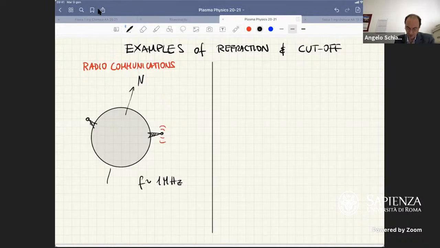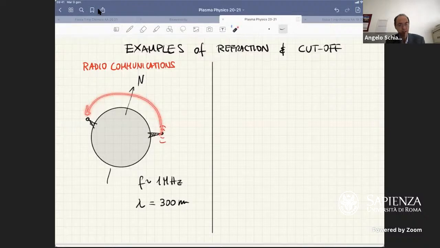And if you work out the wavelength of this radio frequency, it is about 300 meters. Okay, so very long wave. These are radio waves. How can they propagate and obviously reach the other side of the Atlantic?